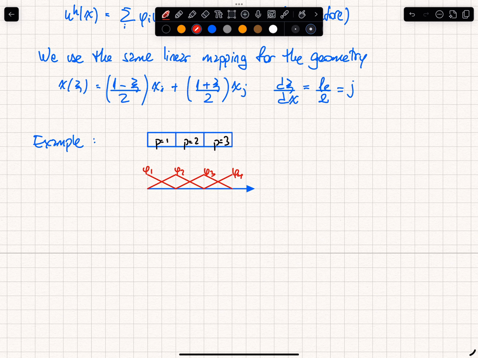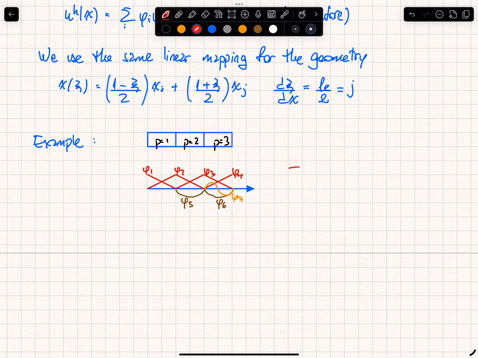Then this one here and this one are both going to have my quadratic function. So I have something that looks like that, phi5, phi6, and then finally in the last one I'm going to have something that looks like this, and that is going to be phi7.